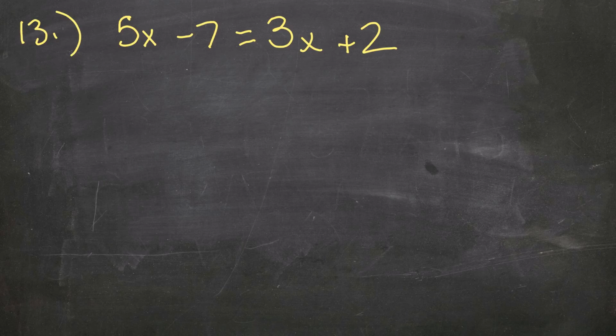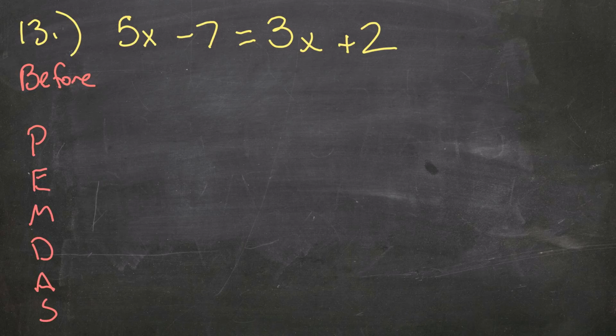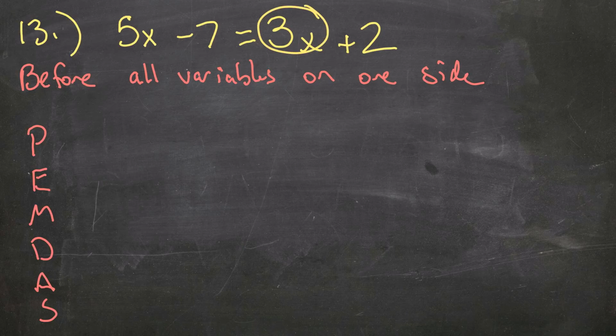So before PEMDAS, put all the x's or all the variables on one side. And to do that, I'm gonna move this 3x over. So I'm gonna minus 3x from both sides.